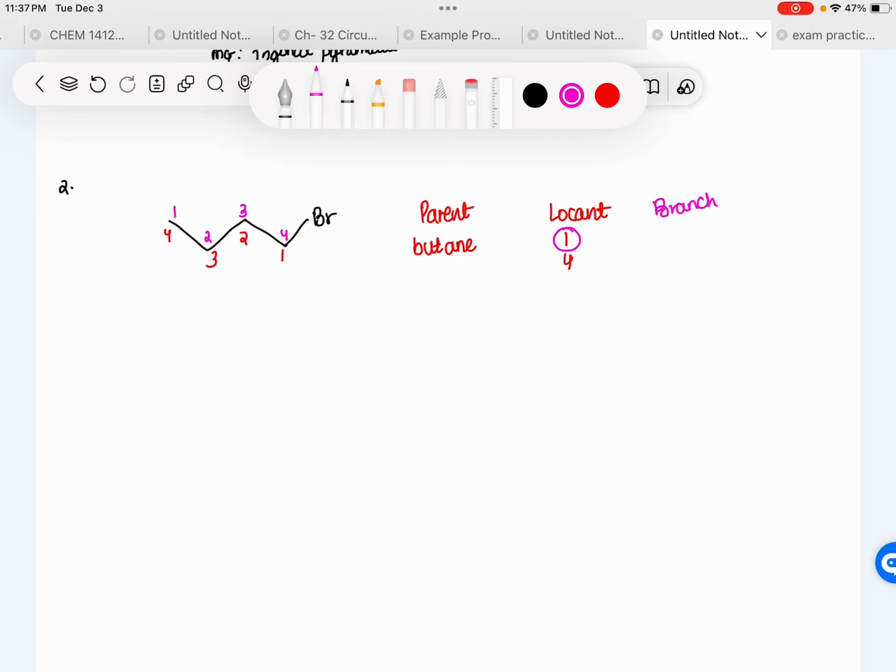the branches, we have 1 branch, so it's bromo. We have 1 branch, and the locant, that is the location, is 1.